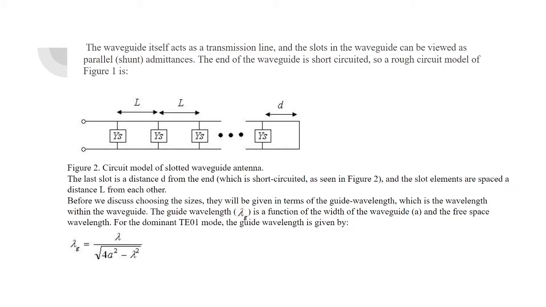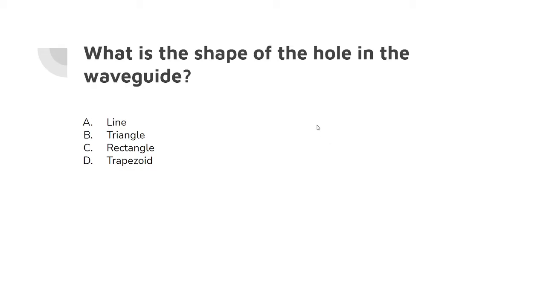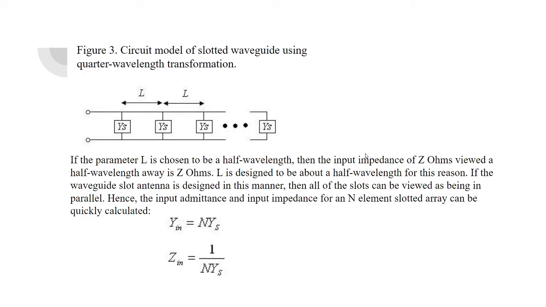For the dominant TE01 mode, the guide wavelength is given by this. So another question: what is the shape of the hole in the waveguide? Is it a line? Is it a triangle? Is it a rectangle? Or a trapezoid? So figure 3.